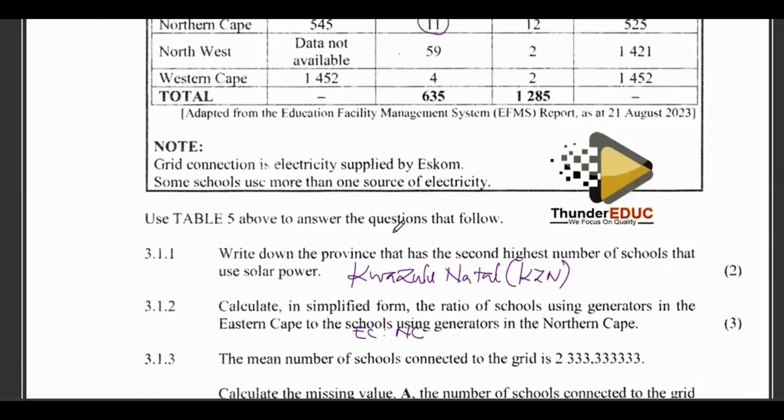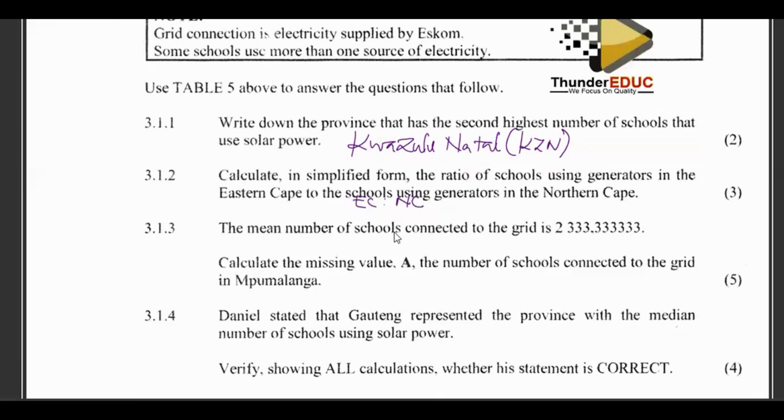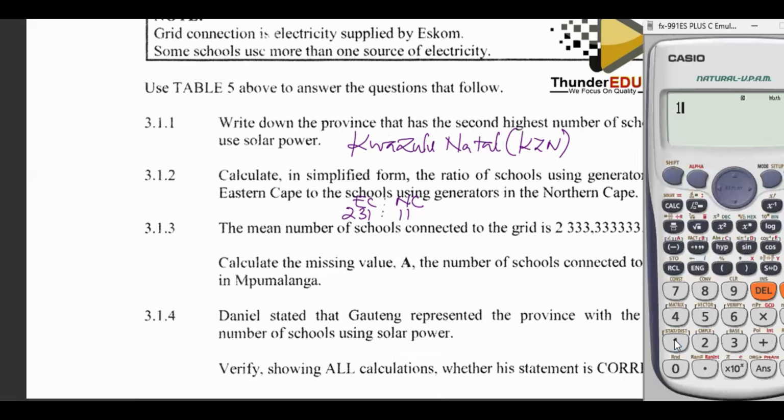It's 231 to 11. Now, the other way of finding this, pick your calculator. Take the 11, then put it over to 231.